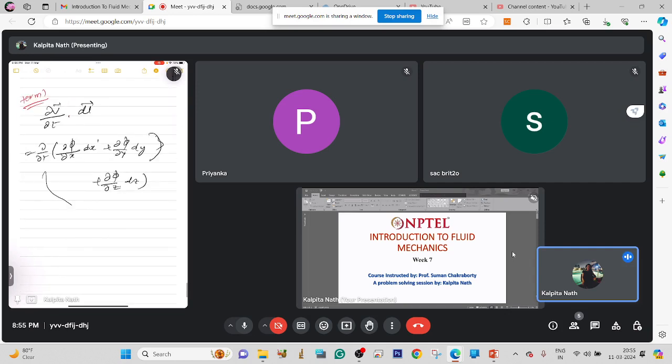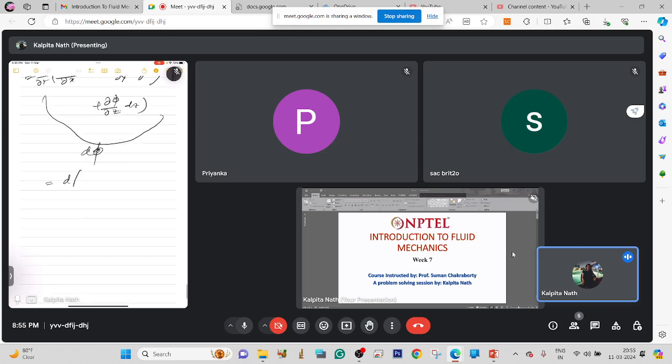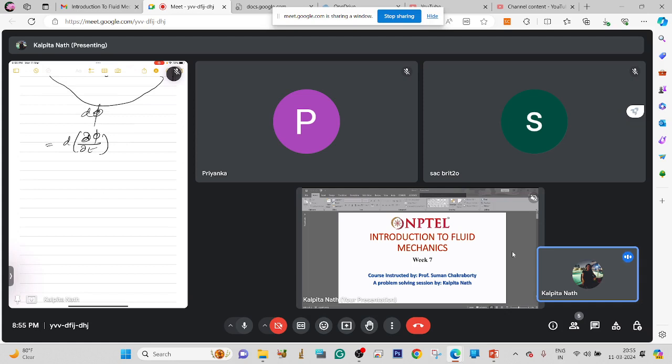This whole thing can be written as d phi, so this will be equal to d of del phi del t. Now Euler's equation will give us dp upon rho plus half of d of (del phi) square plus g dz is equal to minus d of del phi del t. This is for inviscid and irrotational flow.